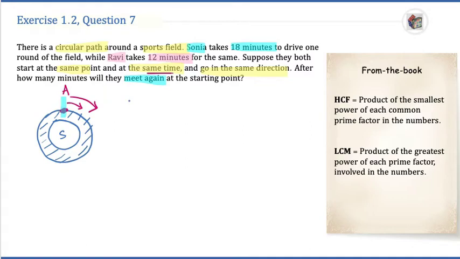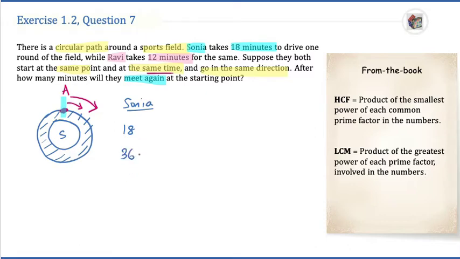Now it's very simple. Just think about it. So here is person number 1, Sonia. She starts at point A at a certain time. So in the beginning, say 0 minutes. Then after 18 minutes, she will be back at point A. Then suppose she takes one more round. She will be back at point A in another 18 minutes.